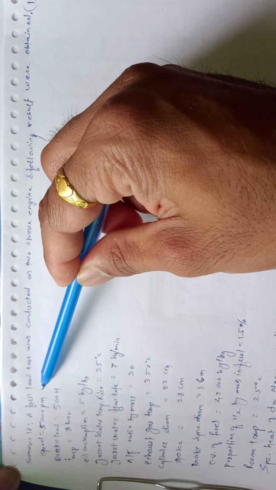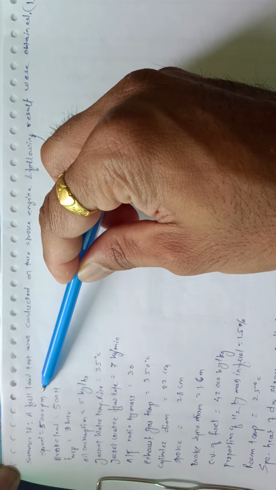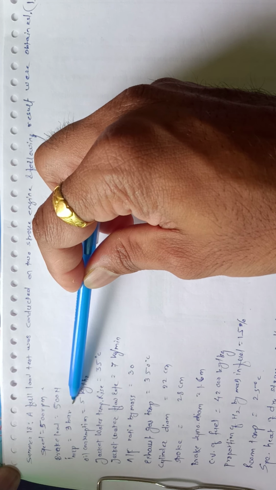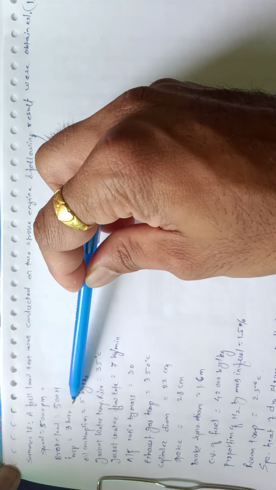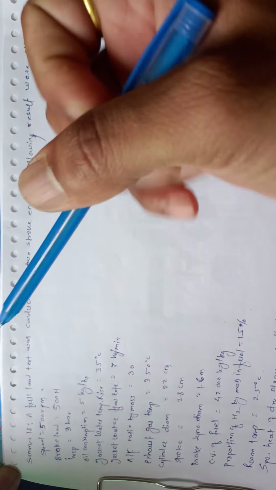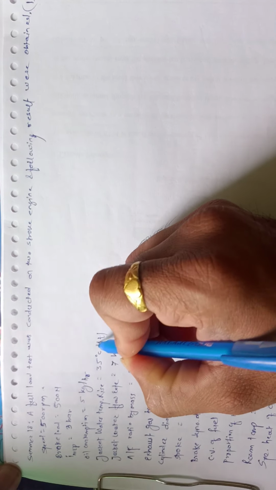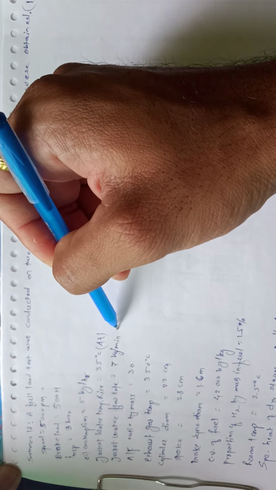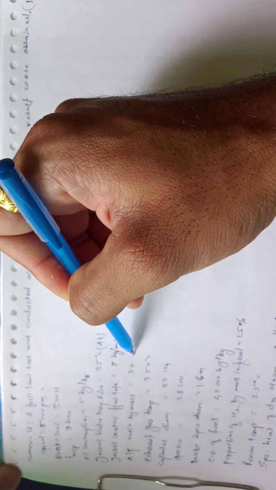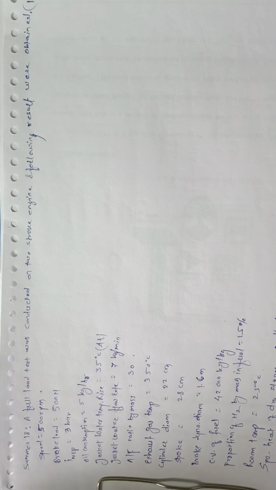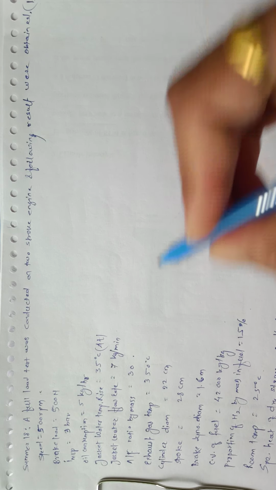The speed was 500 rpm, braking load was 500 newton, indicated mean effective pressure was 3 bar, oil consumption 5 kg per hour, then jacket water temperature rise, delta T, 35 degrees Celsius, jacket water flow rate 7 kg per minute, air fuel ratio by mass 30:1, then exhaust gas temperature 350 degrees Celsius.